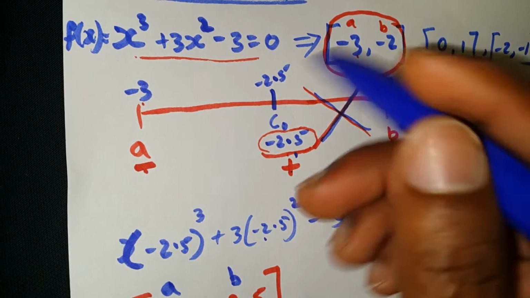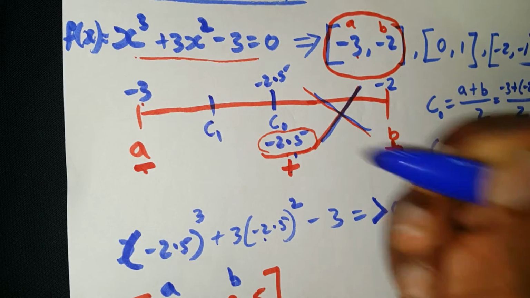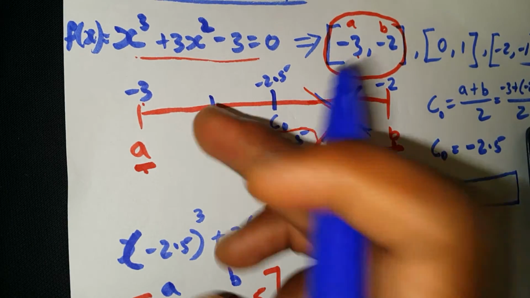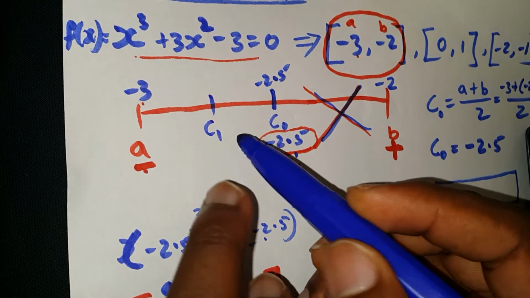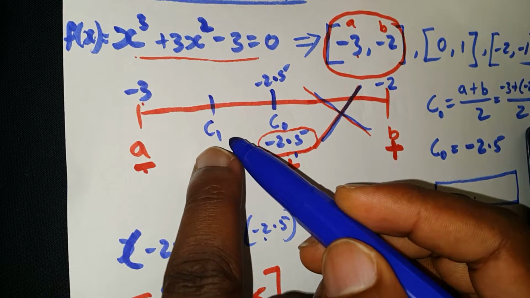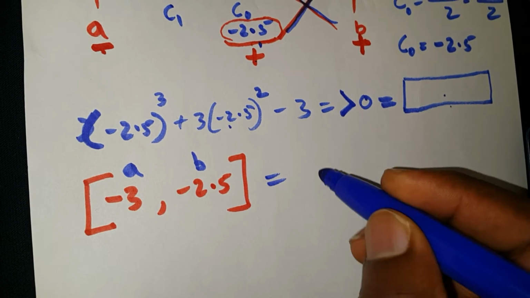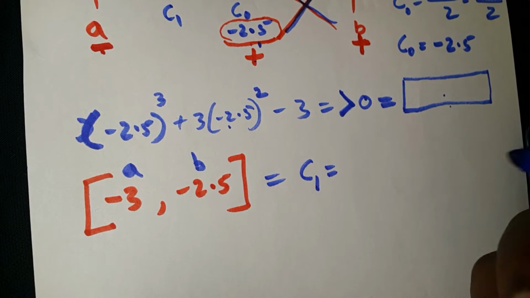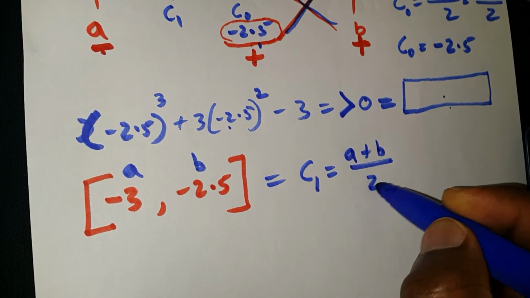This place is gone. We are now finding the new interval, C1, the new midpoint. Since this is our new midpoint that we are looking for, we say our C1 is equal to, we know the formula for C, A plus B over 2.